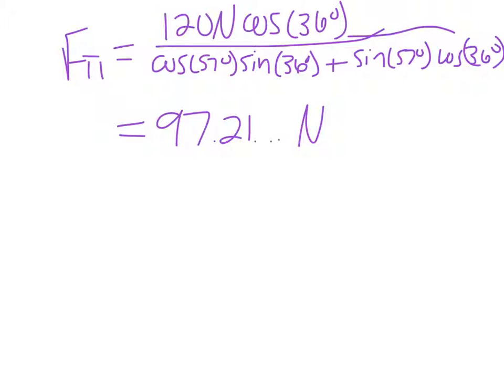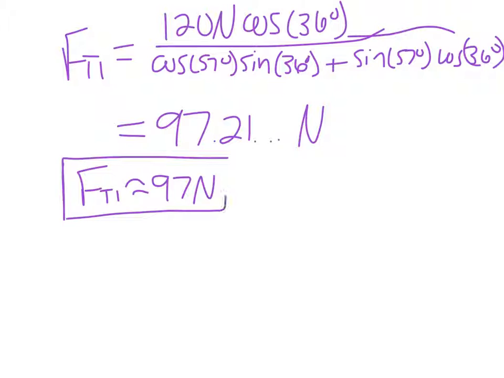The only unit in this whole thing on the top is newtons, so that was an easy one for units. Again, don't just trust my math and believe everything I'm telling you. If this does work out this way, try it for yourself in your calculator. So with 2 sig figs, Ft1 would be about 97 newtons. And then we've got two expressions for Ft2. It doesn't matter which one we go back in to substitute this number into. I'm just going to use the first one.